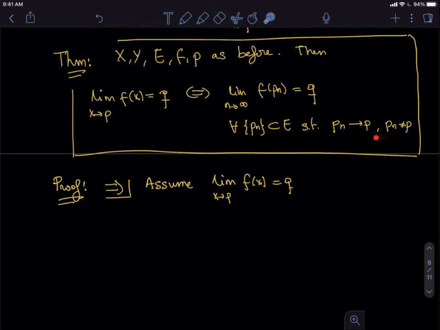And this has to be true for every sequence that satisfies this. So that's also something we assume. So we assume that the sequence p_n in E is such that p_n converges to p, p_n different from p.